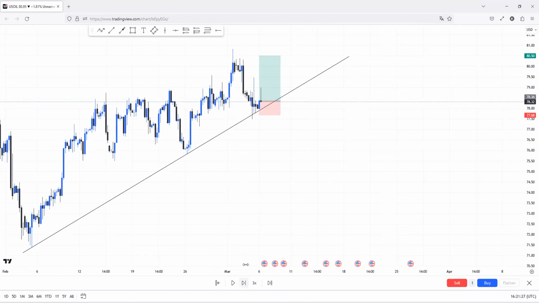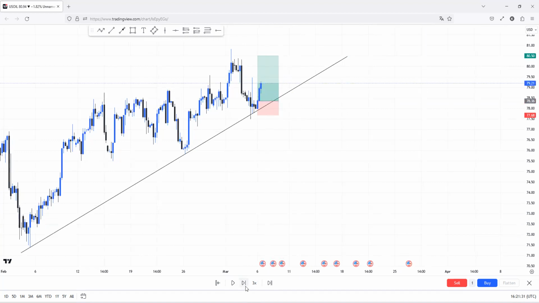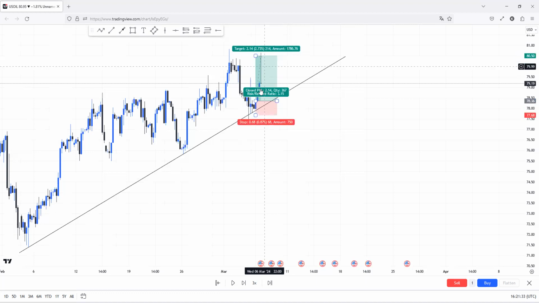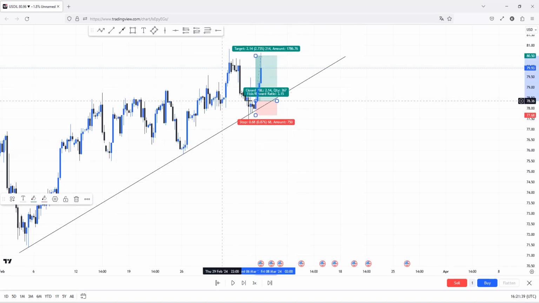So that's how it goes. As you can see, the market went straight to our take profit, giving us a 3:1 risk to reward ratio.